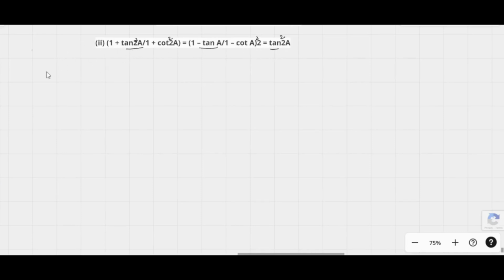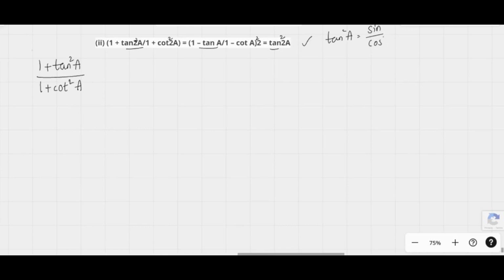So let me first take the first one, that is 1 plus tan square A divided by 1 plus cot square A. I have to get tan square A. That is my main goal. So what can I do here? Tan square A means nothing but sin square A by cos square A, right?